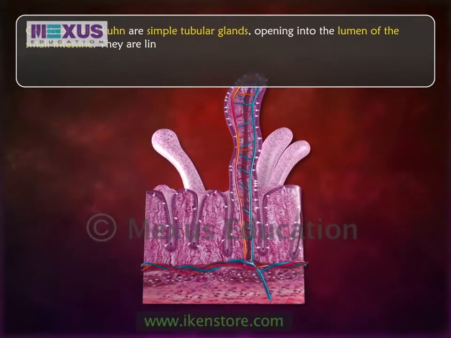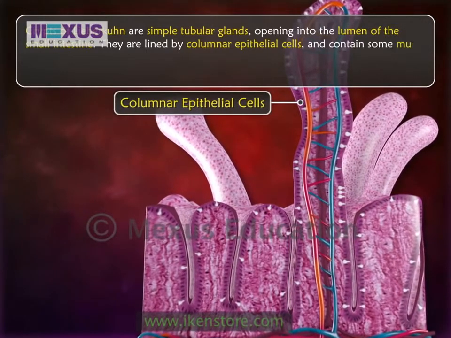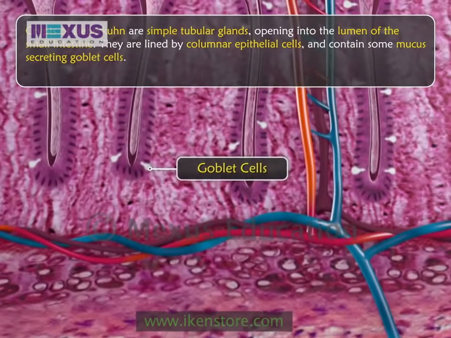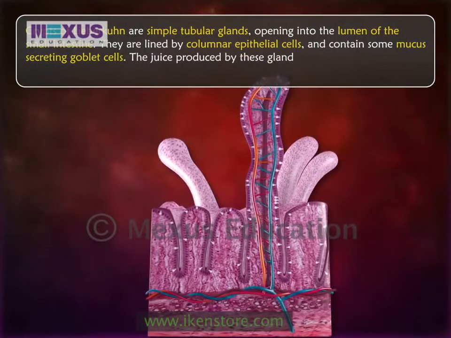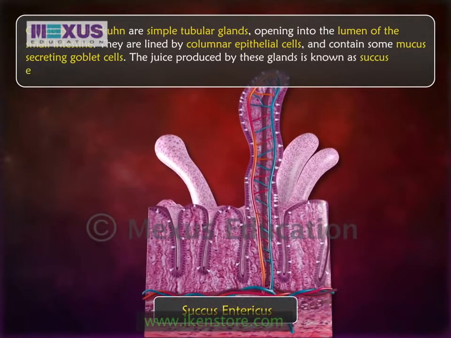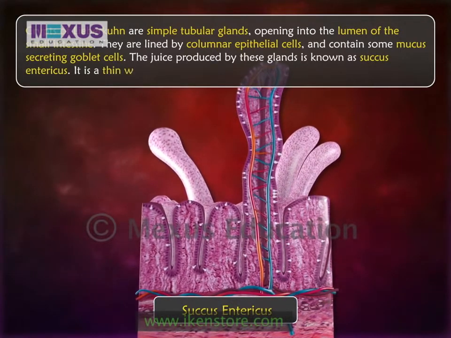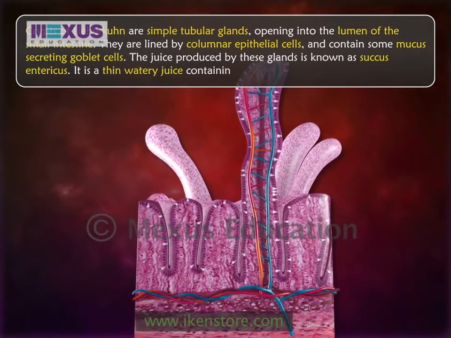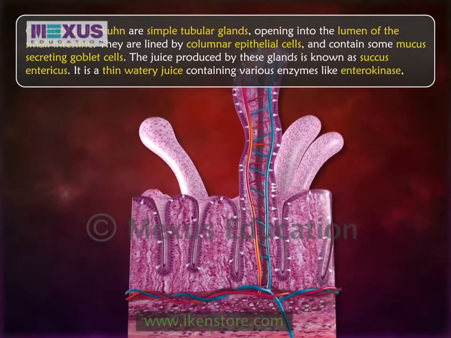They are lined by columnar epithelial cells and contain some mucus-secreting goblet cells. The juice produced by these glands is known as succus entericus. It is a thin watery juice containing various enzymes like enterokinase, etc.